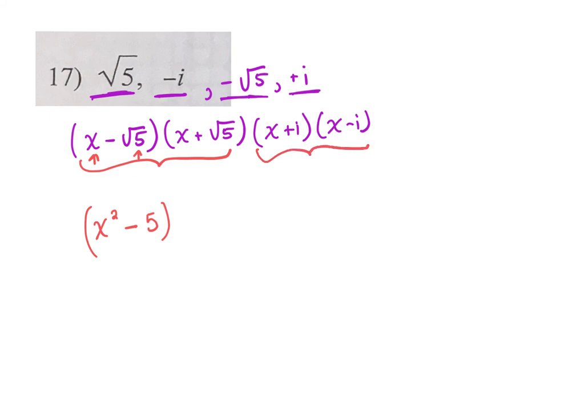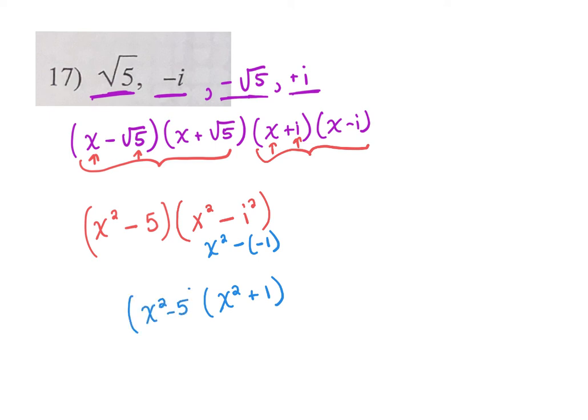This is also a plus minus. So I'm going to square my x, that's x squared, subtract, and square your i squared. What is i squared? -1. So when I simplify this guy, I have x squared minus -1. So this is going to become x squared plus 1, and I have x squared minus 5.